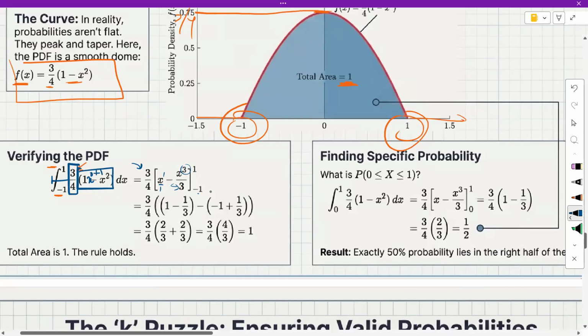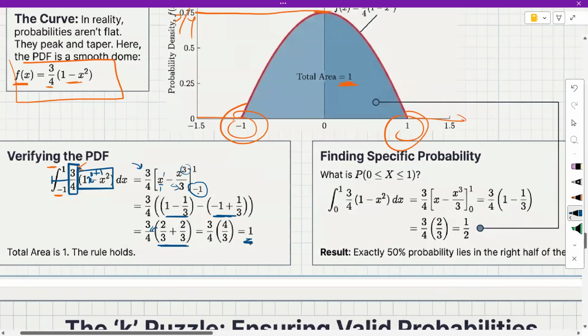First we substitute x equal 1, which gives 1 minus 1 cube over 3. Then we subtract the value we get by substituting -1 for x. Finally, we multiply with the constant outside, and we get 1.